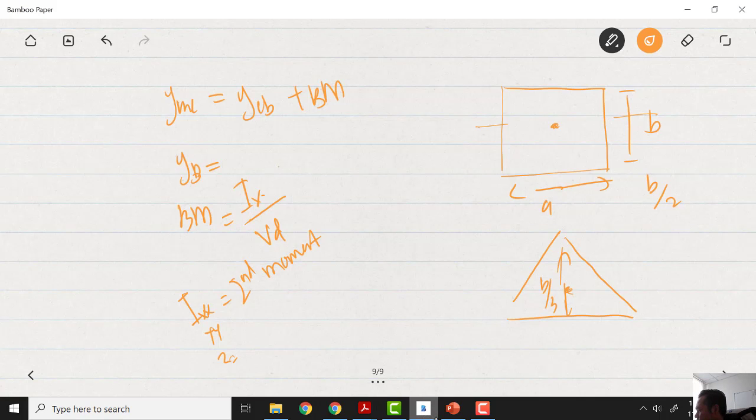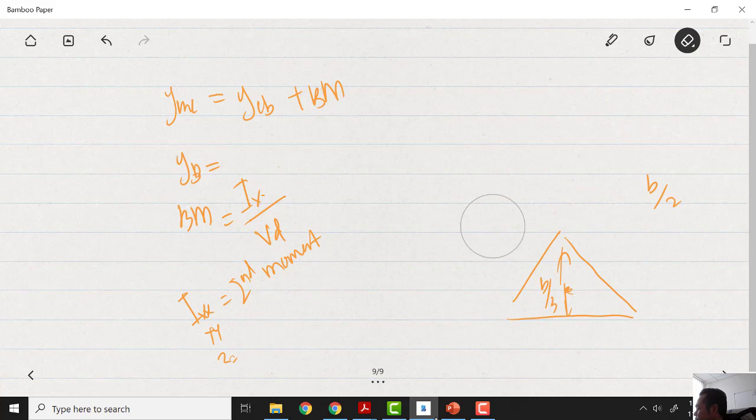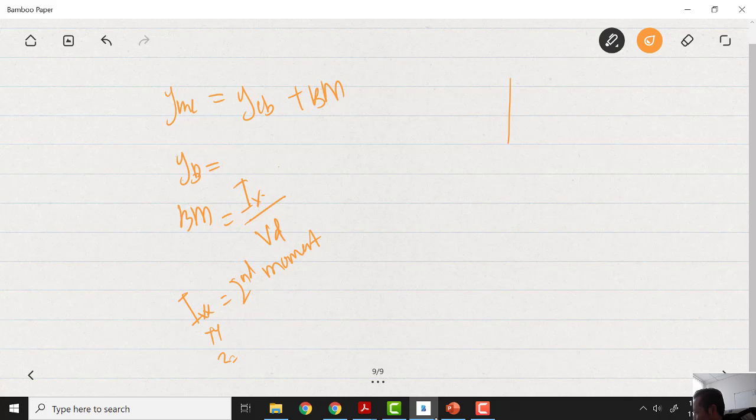So for example, we have a square looking like this. Here is B, and we have A. So we know that the second moment of a square is A B powered by 3 over 12.